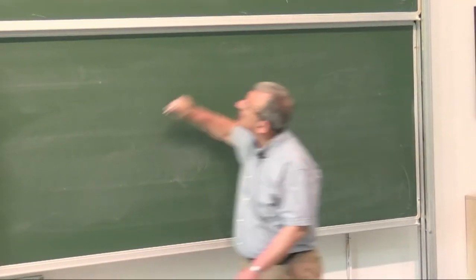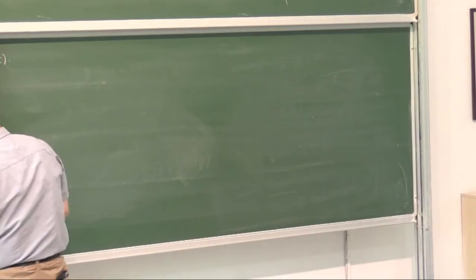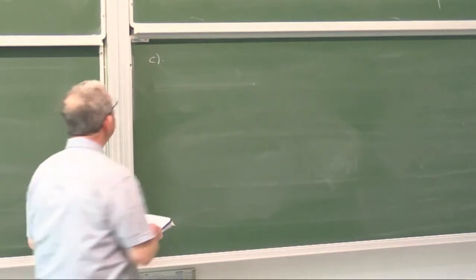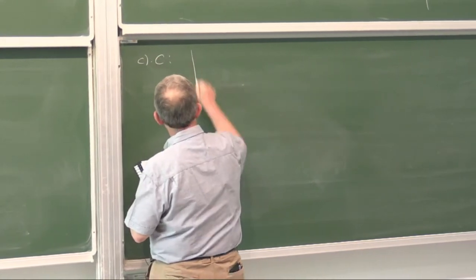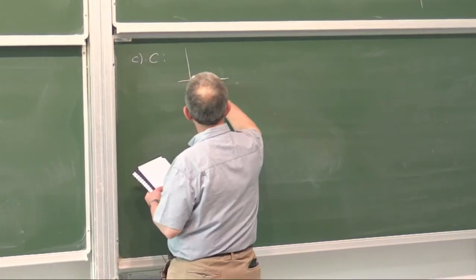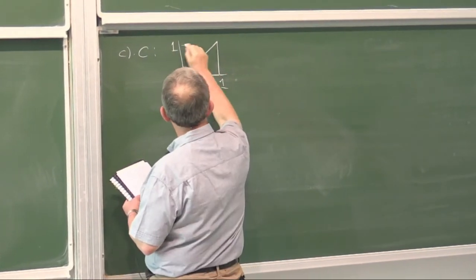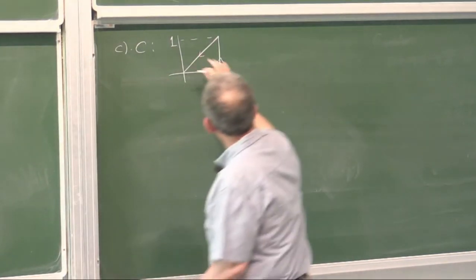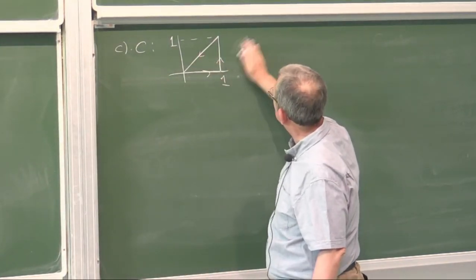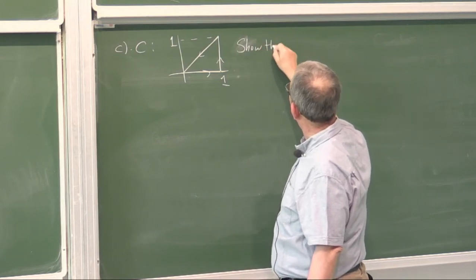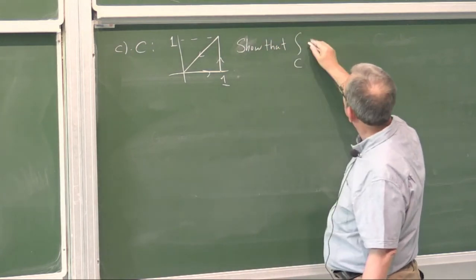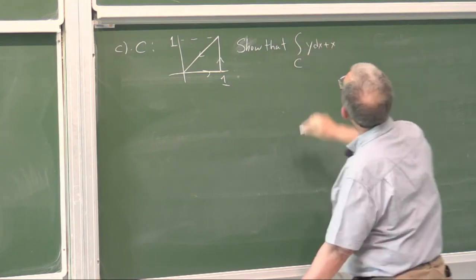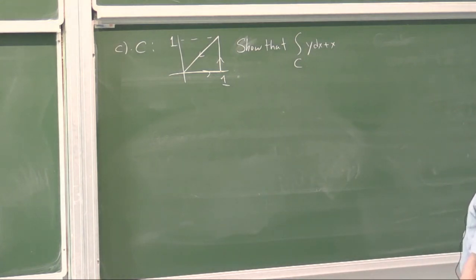Okay, is this a coincidence? Well, there are no coincidences in math, of course. You can, just to be sure maybe, take C to be a triangle for a change. Now on this, calculate and show that the integral over C of y dx plus x dy, sorry, did I do it correctly all the time?